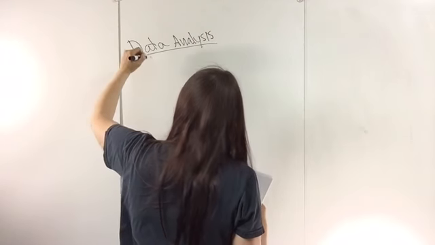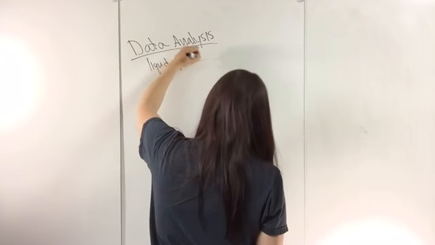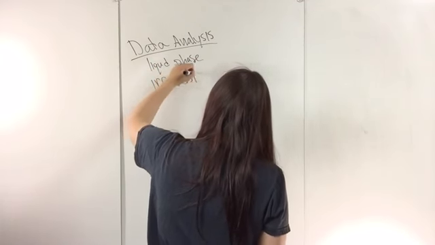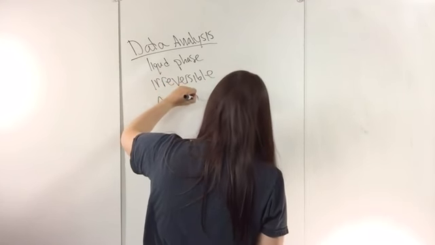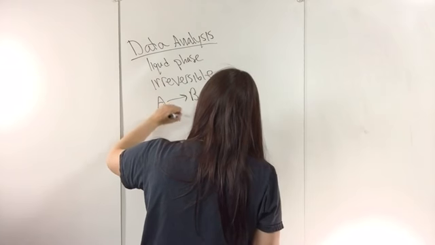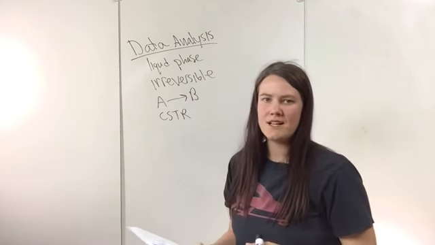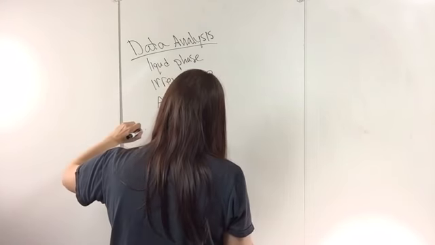So anyway, you have a liquid phase, irreversible, A to B in a CSTR. This is a little bit different because you have a CSTR instead of a batch reactor, so just keep that in mind.